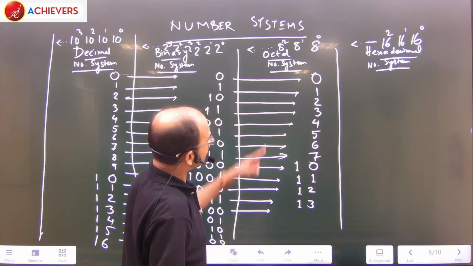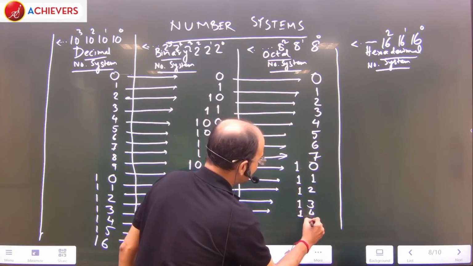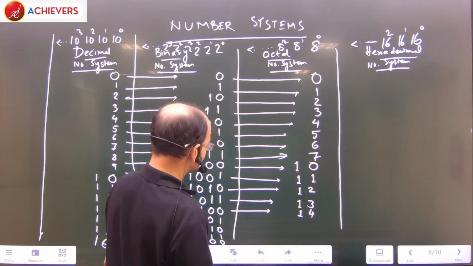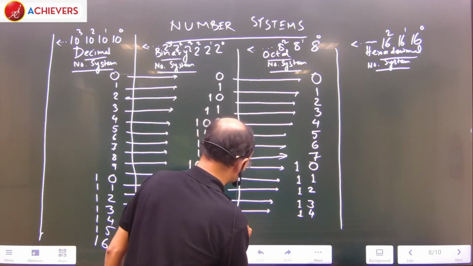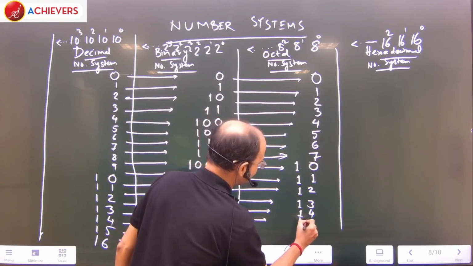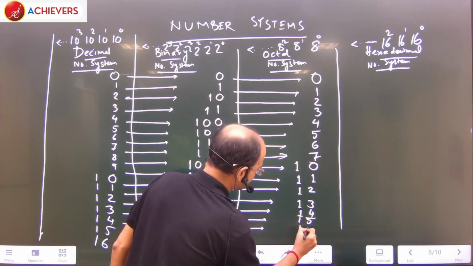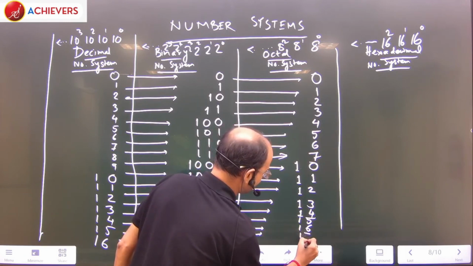So this is 8 plus 3, 11. So 1, 4 is the equivalent octal for 12. 8 plus 4, 12. Similarly 13 is 1, 5. 14 is 1, 6. 15 is 1, 7.